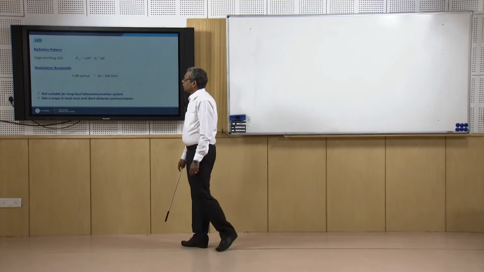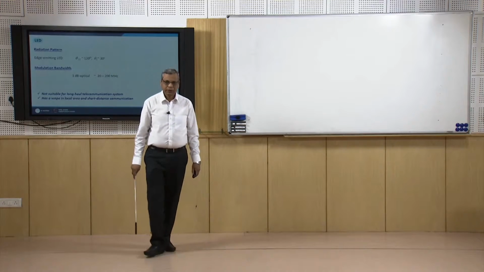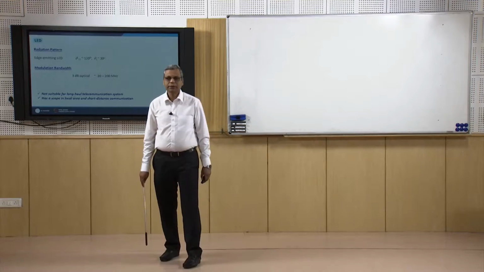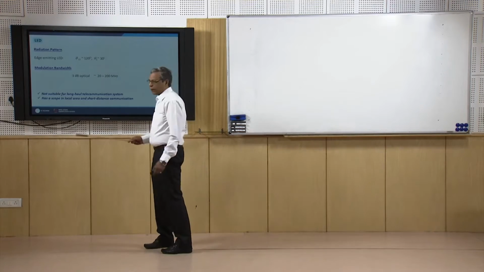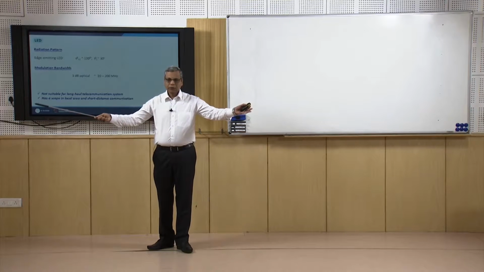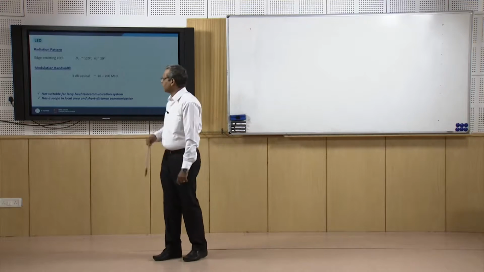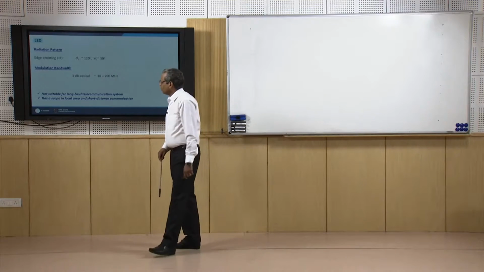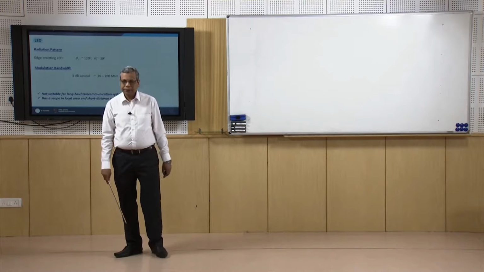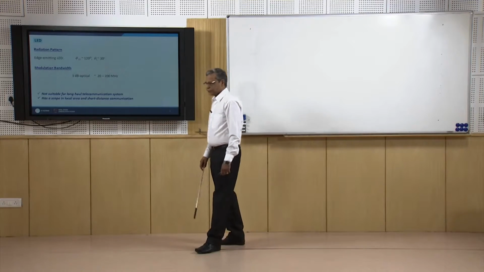If you look at the directivity of an LED, it is not a very directional source. In one direction it spreads out over an angle of 120 degrees from one side to the other, while in the other direction it spreads to about 30 degrees. The optical 3 dB bandwidth of an LED, if you modulate it, is typically 20 to 200 megahertz.